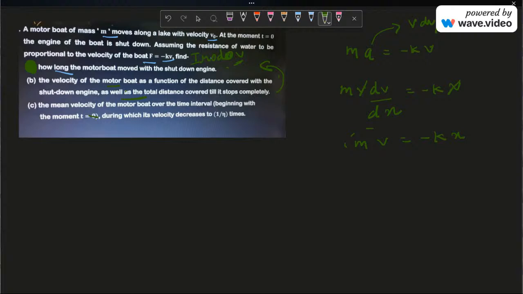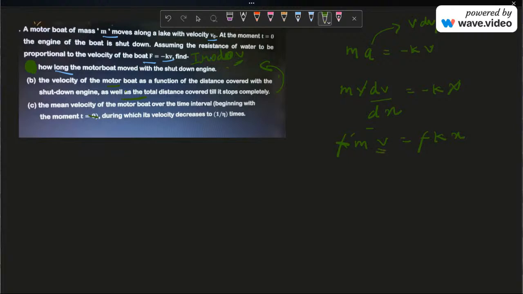I didn't put limits this time, so there is a problem. It started from the velocity v naught and ended with velocity 0. So minus mv will be here, and x is the distance traveled, so 0 to x and minus k. So mv is equal to plus kx will come. Yes, mv is equal to plus kx only.